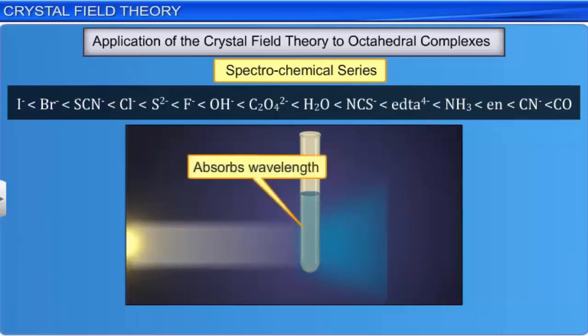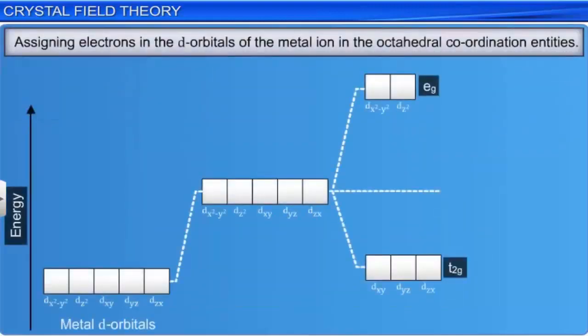Now, let's assign electrons in the d orbitals of the metal ion with d4 configuration in the octahedral coordination entities. Obviously, the first, second, and third electrons occupy the low-energy T2g orbitals in accordance with Hund's rule.